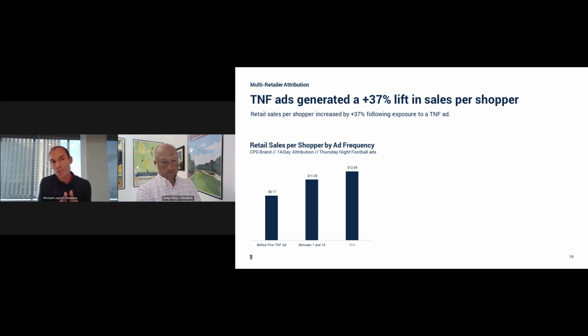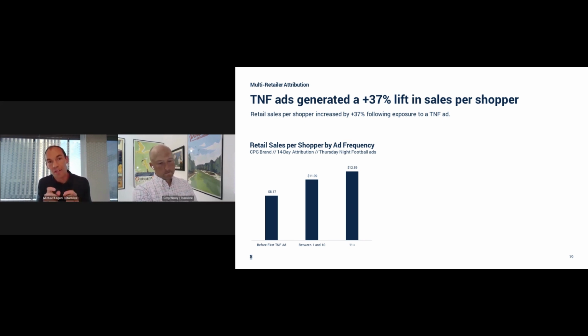And what you see here on the far left is how much money your typical active consumer, who was already buying products from the brand, spent. So this is really a measure of incrementality ultimately at the consumer level. We looked at, well, how much money did those consumers spend buying products from that brand in the 14 days before they saw the first Thursday Night Football commercial? So it was $8 was the average.